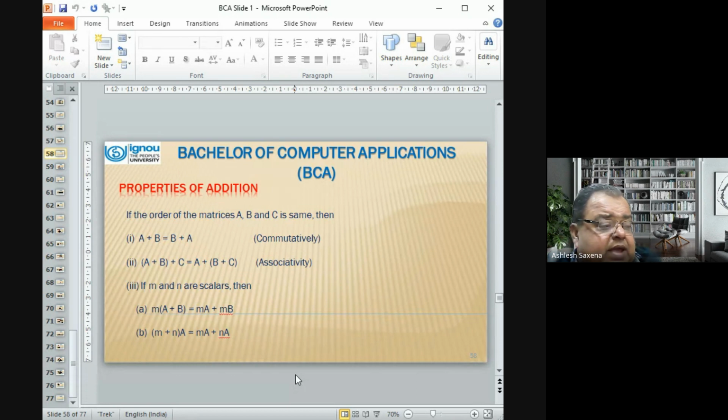If you are multiplying with M plus N, then it will be equal to MA plus NA. But the concept is not going to change.